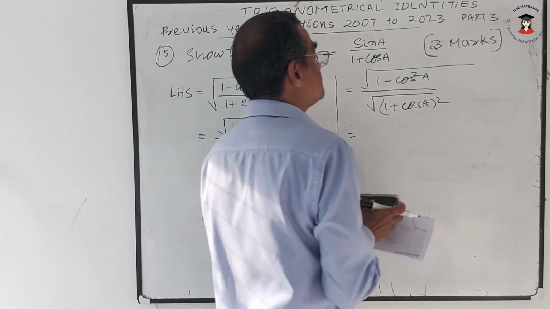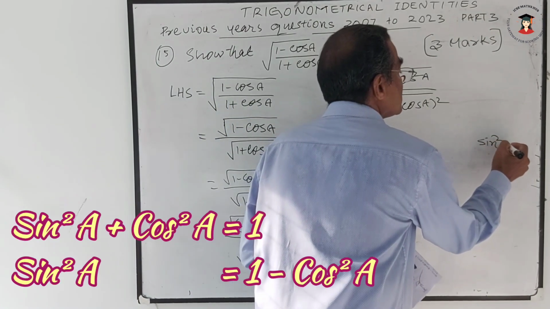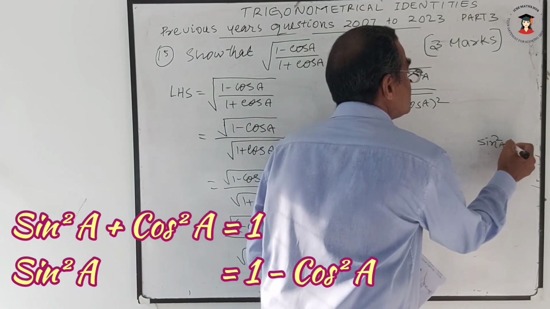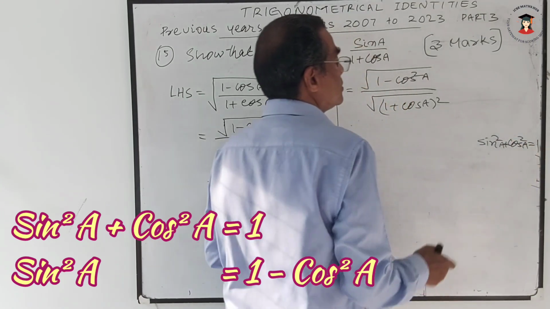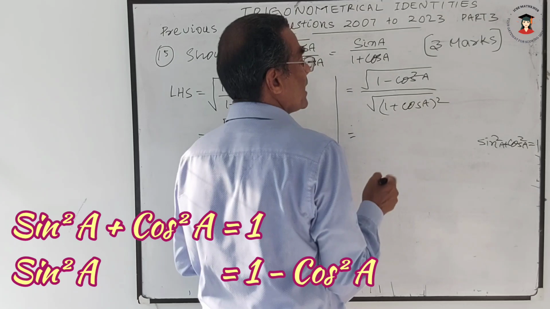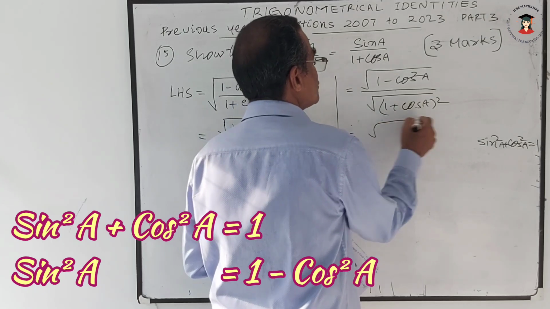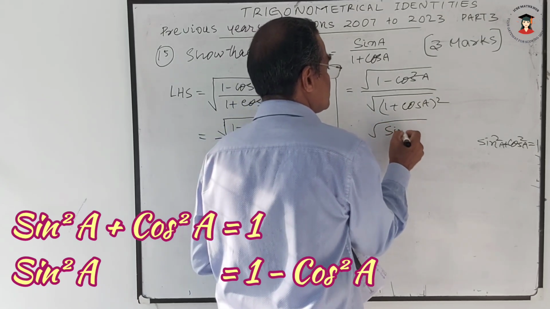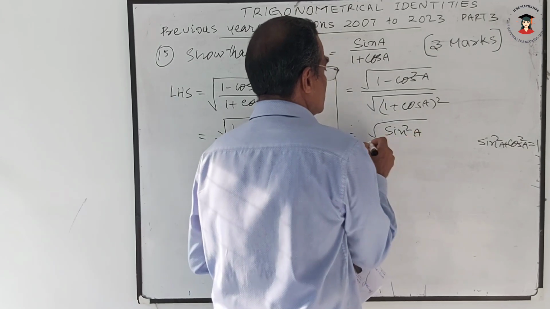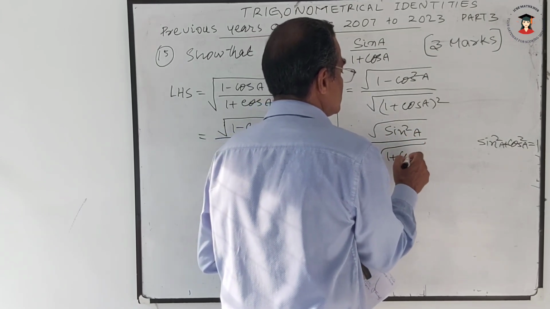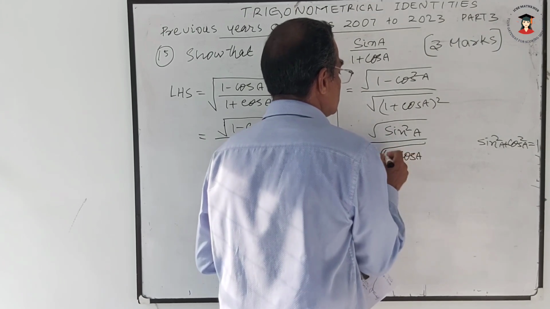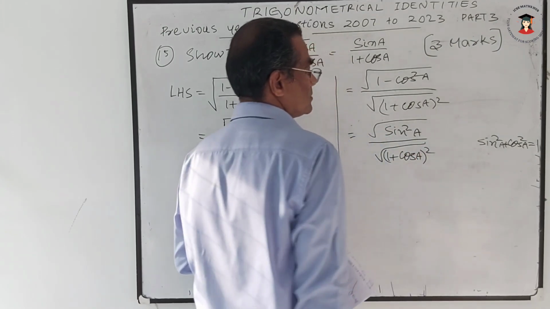We know sin square A plus cos square A equals 1. So 1 minus cos square A will be sin square A, divided by root of 1 plus cos A whole square.